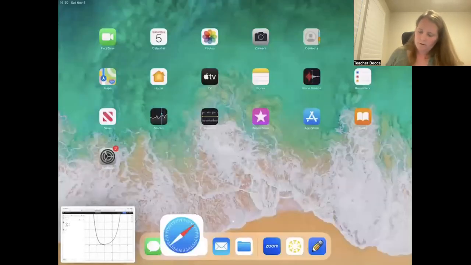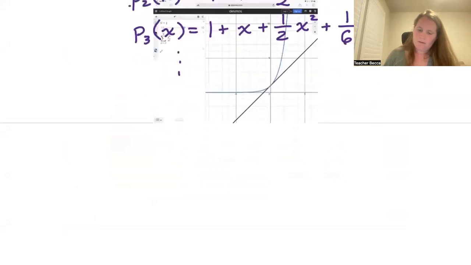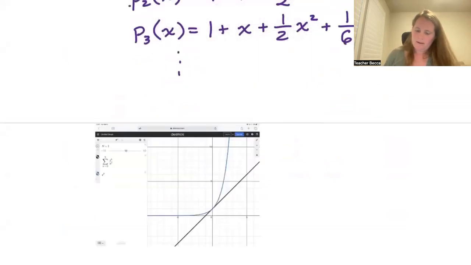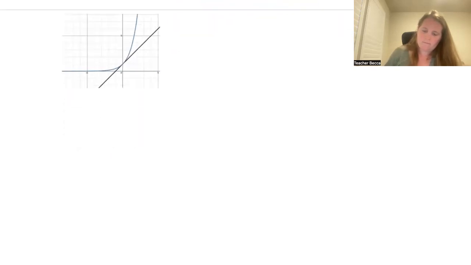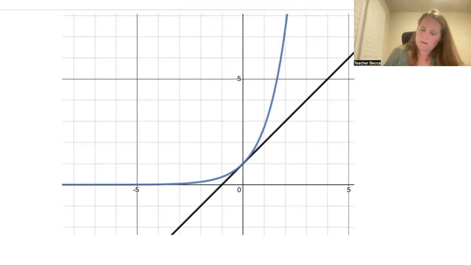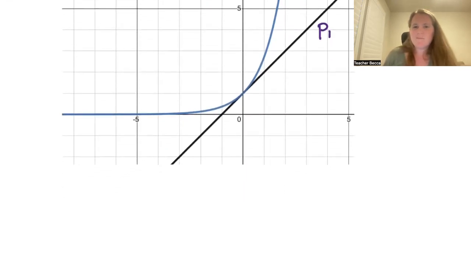Oops. So if we go over to our notes, we had here was P1. And so this was P1 versus F. It was not particularly close once we got very far from x equals 0.